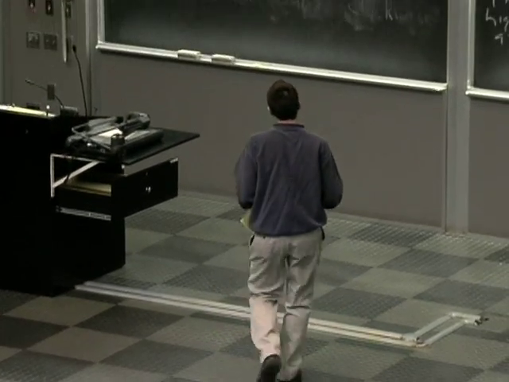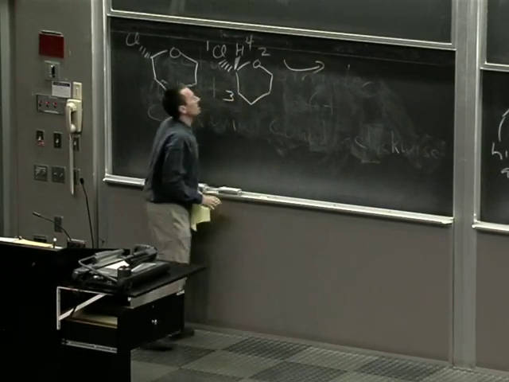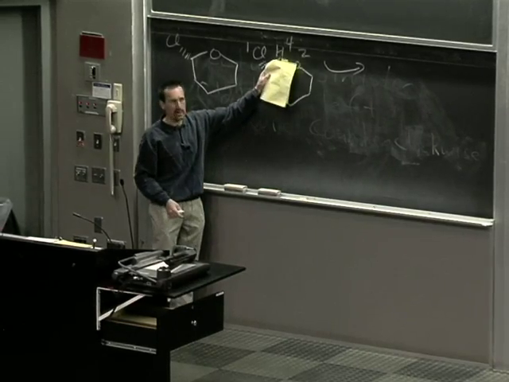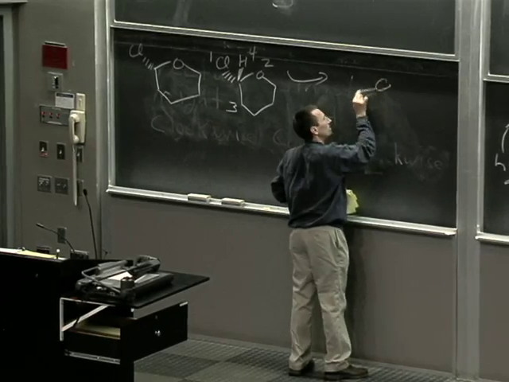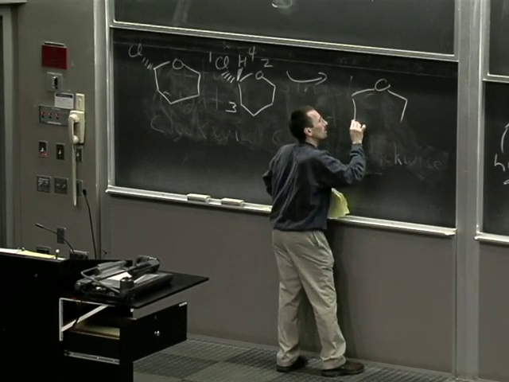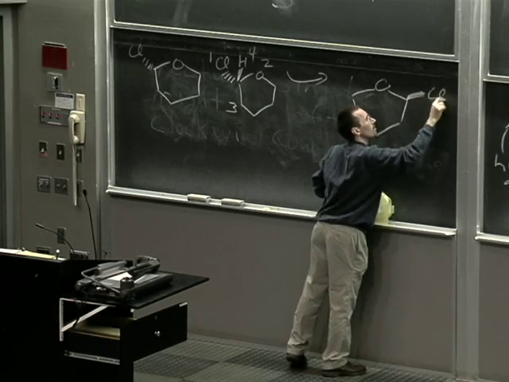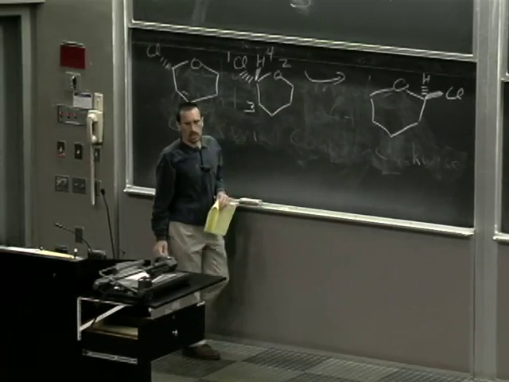Two things we can do. One is we can flip the molecule over. All we do is rotate it 180 degrees. I'm going to pick it up and flip it over here. Now the hydrogen is going back.